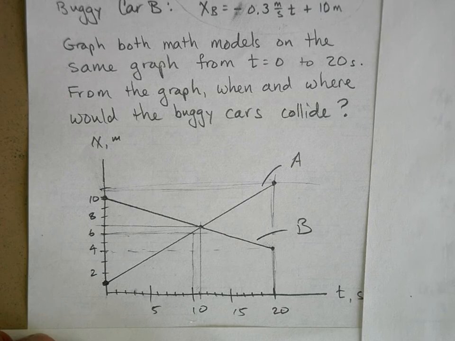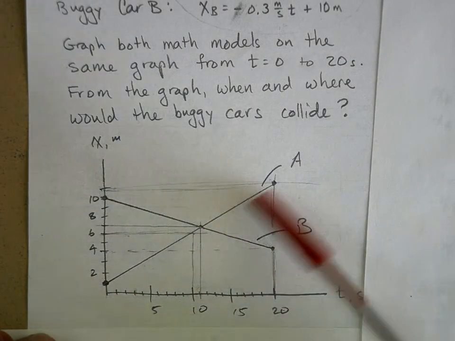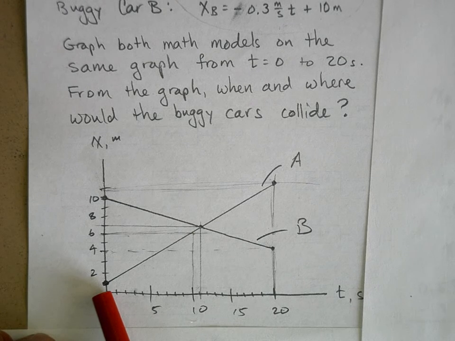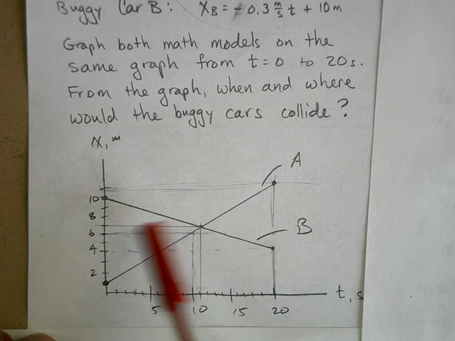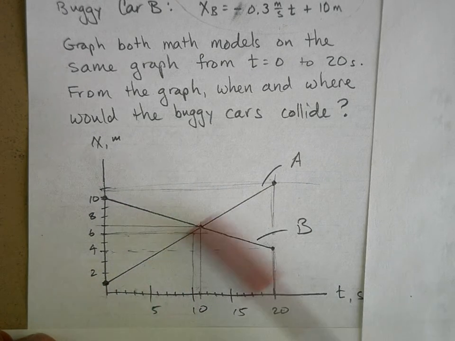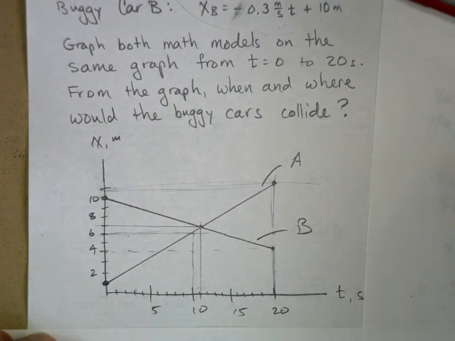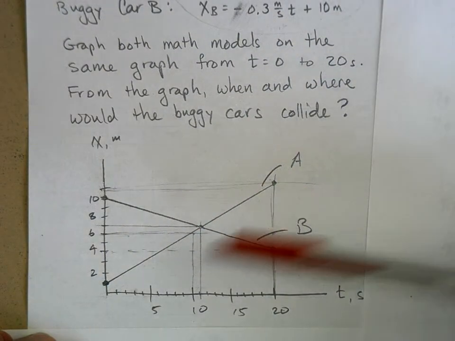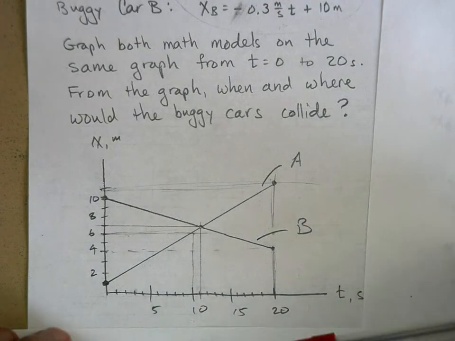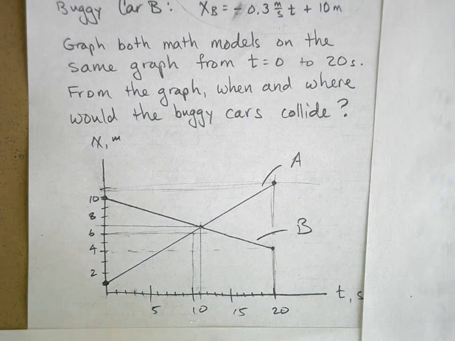Okay, so anyway, here's A right here. And it starts at 1 meter, and then it goes all the way up to 11 meters. And I just drew a straight line. When you're given the equation, you can just pick 2 points and then draw the line between them. And then I checked it, and it works.